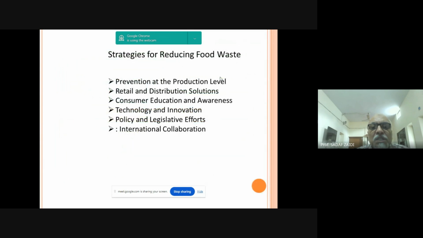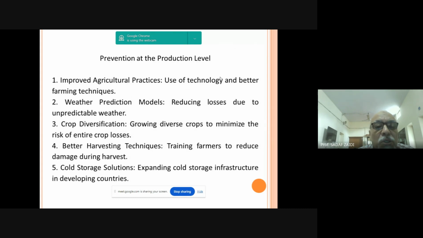Now, these are some of the strategies for reducing food waste. Prevention at the production level, retail and distribution solutions, consumer education and awareness, technology and innovation, policy and legislative efforts, and international collaboration. If we do all these things, we'll be able to reduce the food waste.